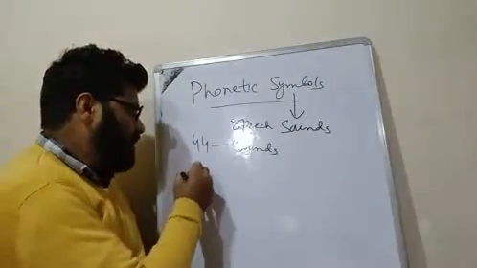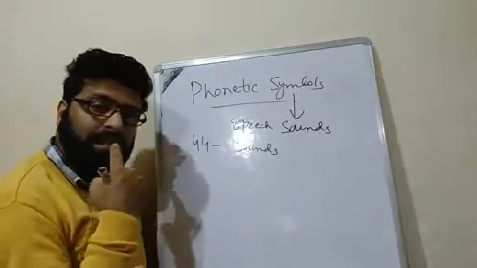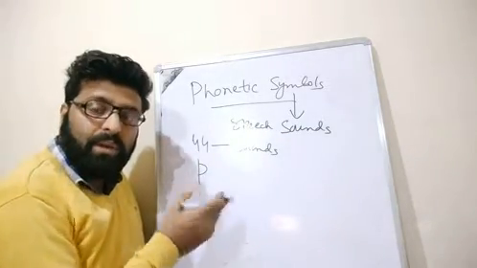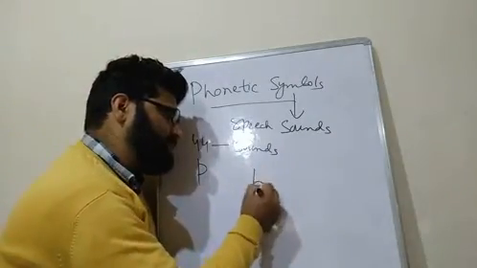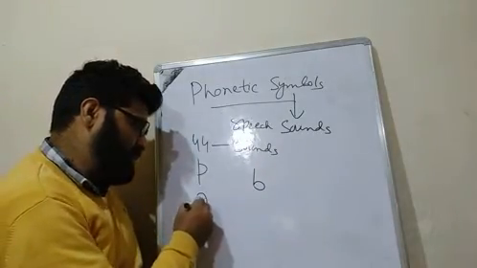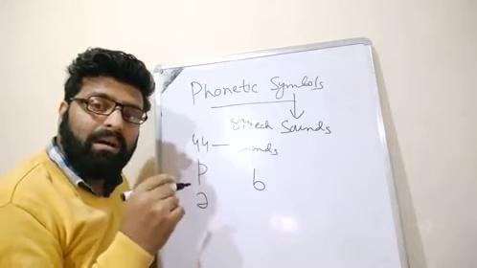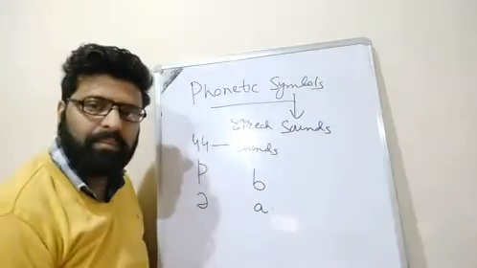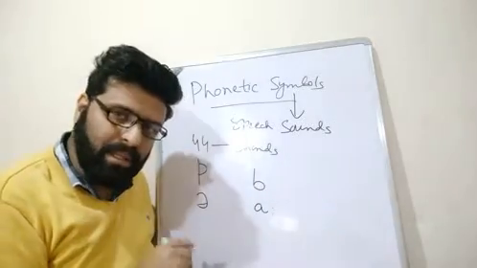For example, when we say p, this is a sound and its symbol is like this, that we call P. Or when we say B, it is a sound and its symbol is this. When we say A, it is a sound and its symbol is like this. When we say this A, it is a sound and its symbol is this. So for each speech sound we have a phonetic symbol.